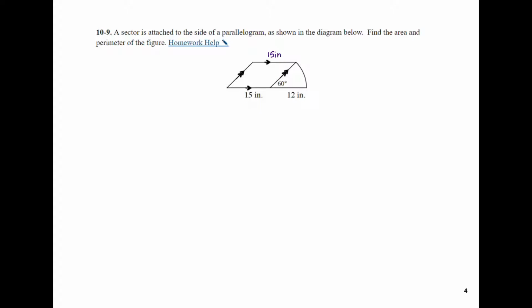If we create a perpendicular bisector, we know that this angle is 90 degrees, which would give us a 30-degree angle here. Which, because we have parallel lines, we know that this angle is a 60-degree angle.